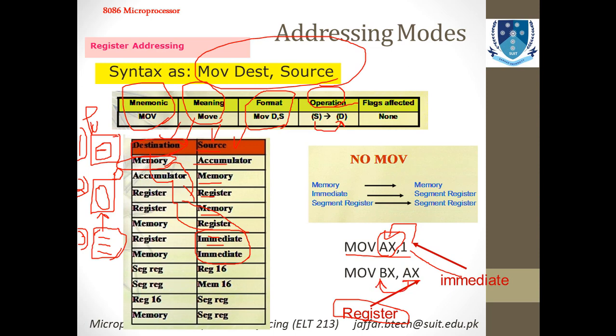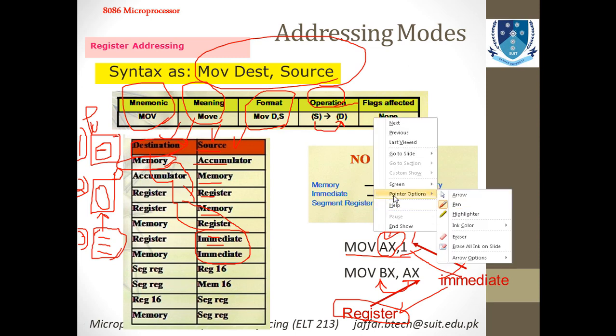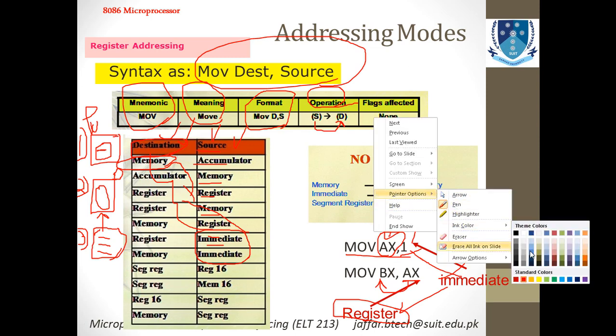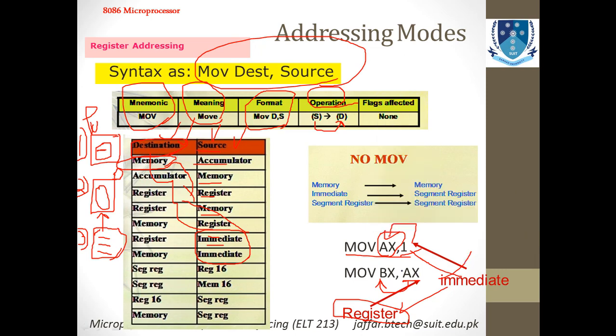So you can see that the source can be immediate data or register or any other memory location, but the destination, I'll show you by changing the color of the pen, cannot be immediate data. So you cannot put this data immediately onto the port.